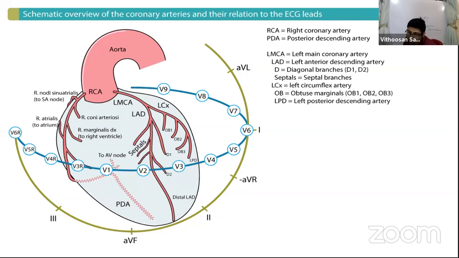So if there is a problem in the inferior side of the heart, in other words, an inferior myocardial infarction, a heart attack, what leads do you expect the changes to be in? Tell me, guys.